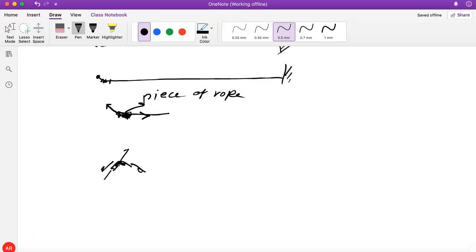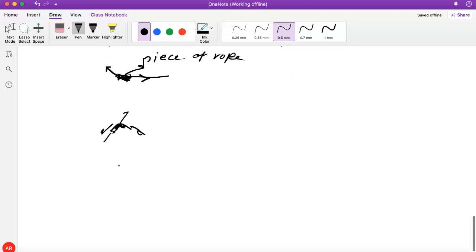So now as you pull the rope down, you bring down pieces that are next to it, and each piece that comes down will pull down a neighboring piece. So the net effect of this is that your disturbance travels away from the source.